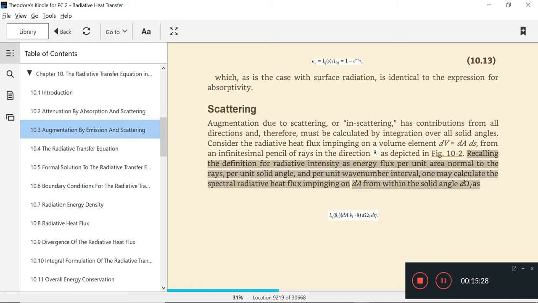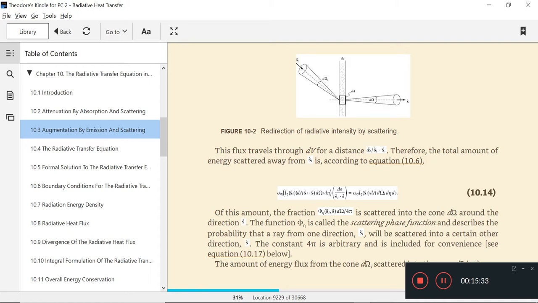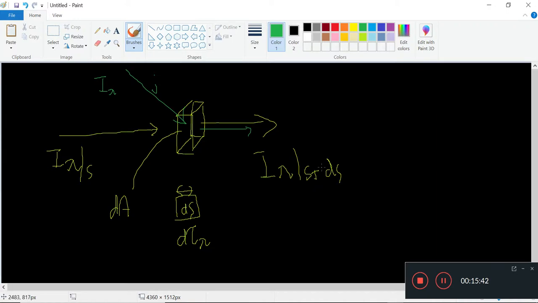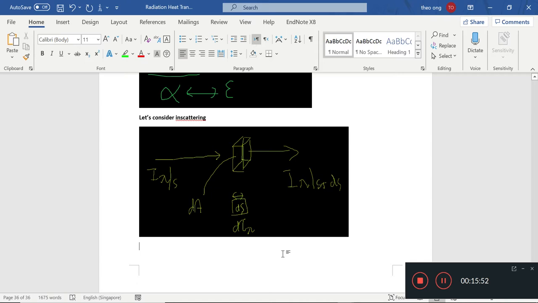What they have started to do is an energy balance. So let's do an energy balance, slowly. In scattering, we can start by doing an energy balance.